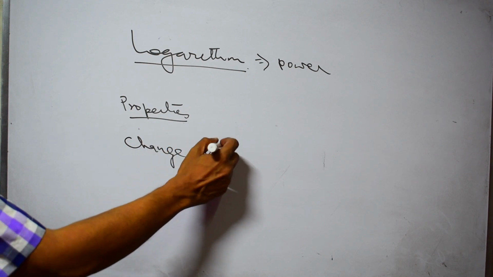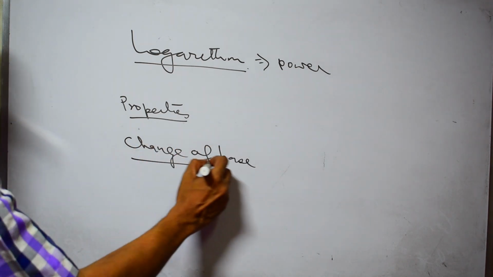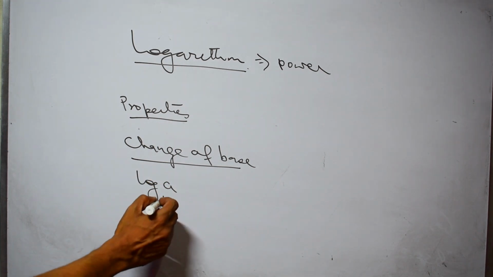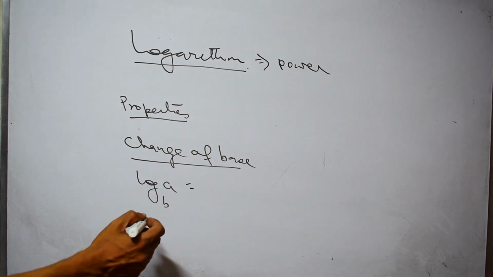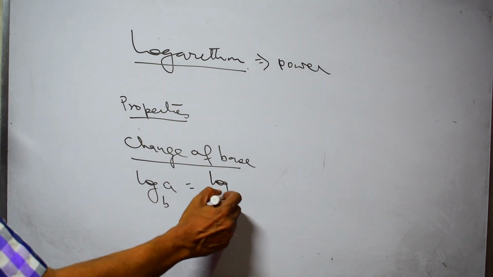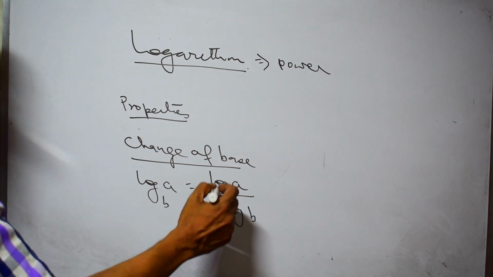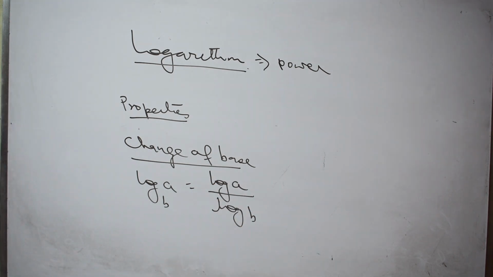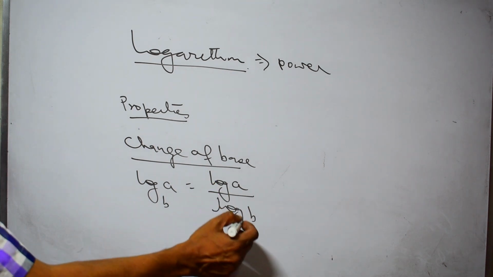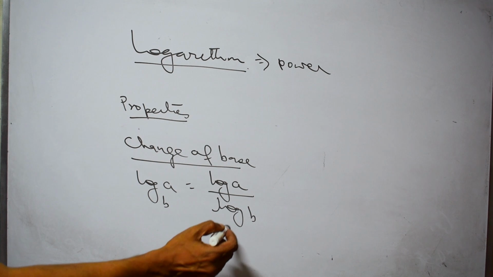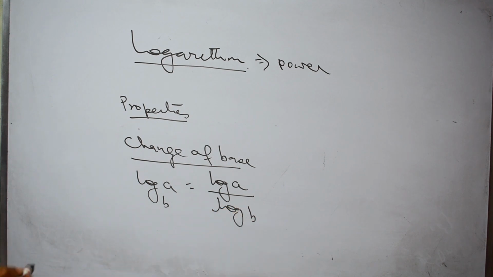Change of base: log a to the base b, if we don't have the base as 10 and we need the base to be 10, then we can write log a by log b. In both cases the base will be 10, or instead of 10 we can take the same base, say 2: log a to the base 2 and log b to the base 2, any base.